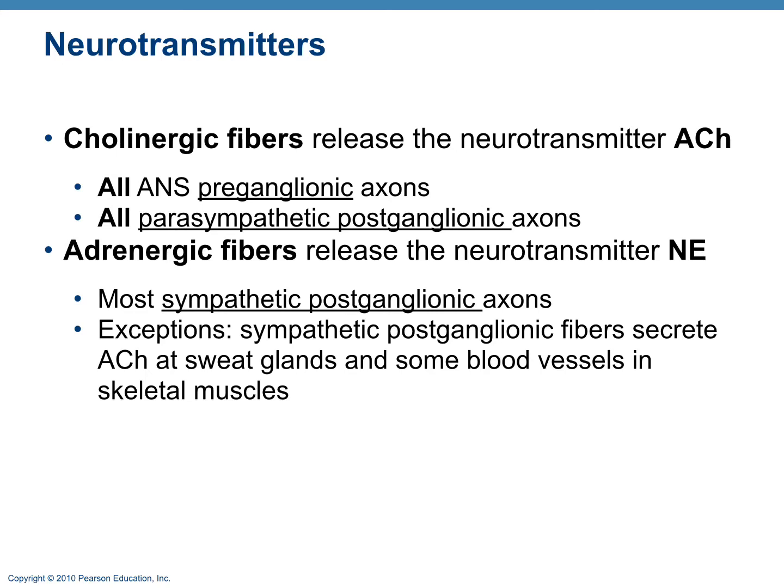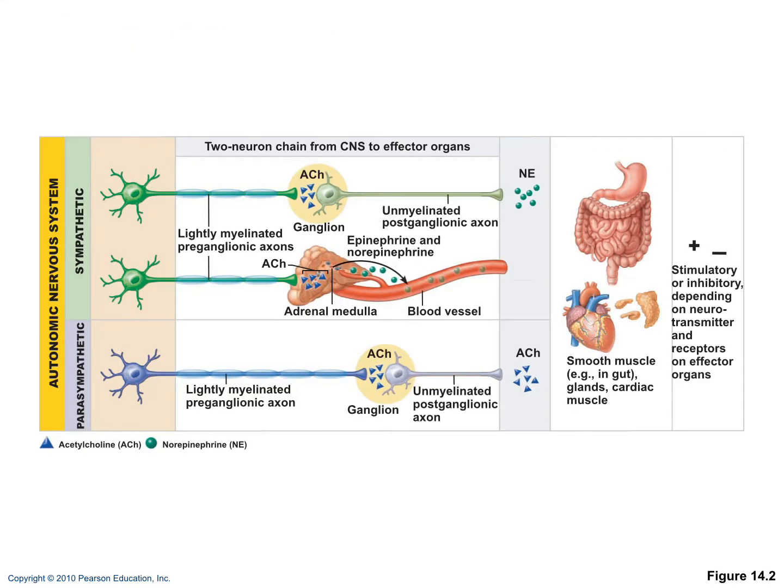The sympathetic postganglionic fibers secrete acetylcholine at sweat glands and some blood vessels and skeletal muscles. That's an exception. But we're going to memorize the rule that most sympathetic postganglionic fibers release norepinephrine. And this is just that picture we looked at before, so you can review it and see which fibers are releasing acetylcholine and which are releasing norepinephrine.